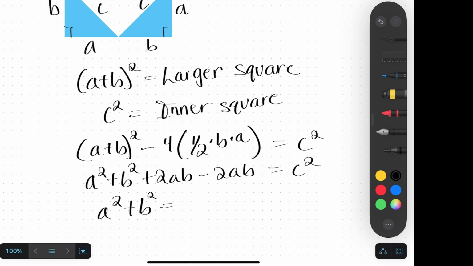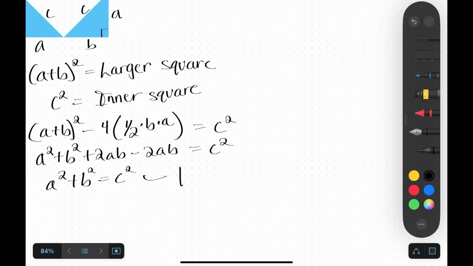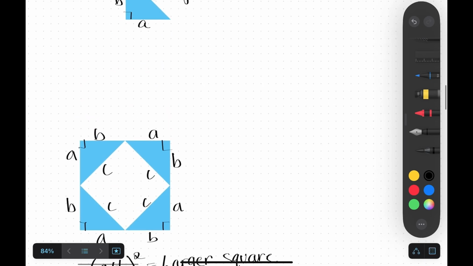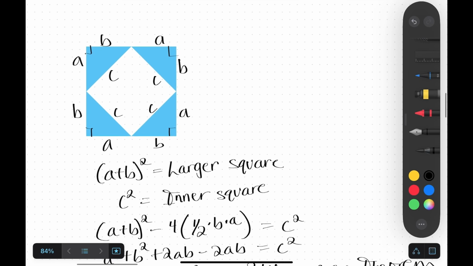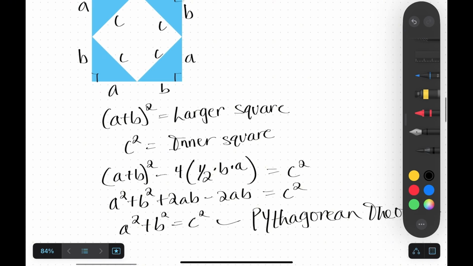A squared plus B squared equals C squared, also known as Pythagorean theorem, although it was not discovered by him. This formula allows you to calculate any of the other sides of a right-angled triangle if you know the other two.